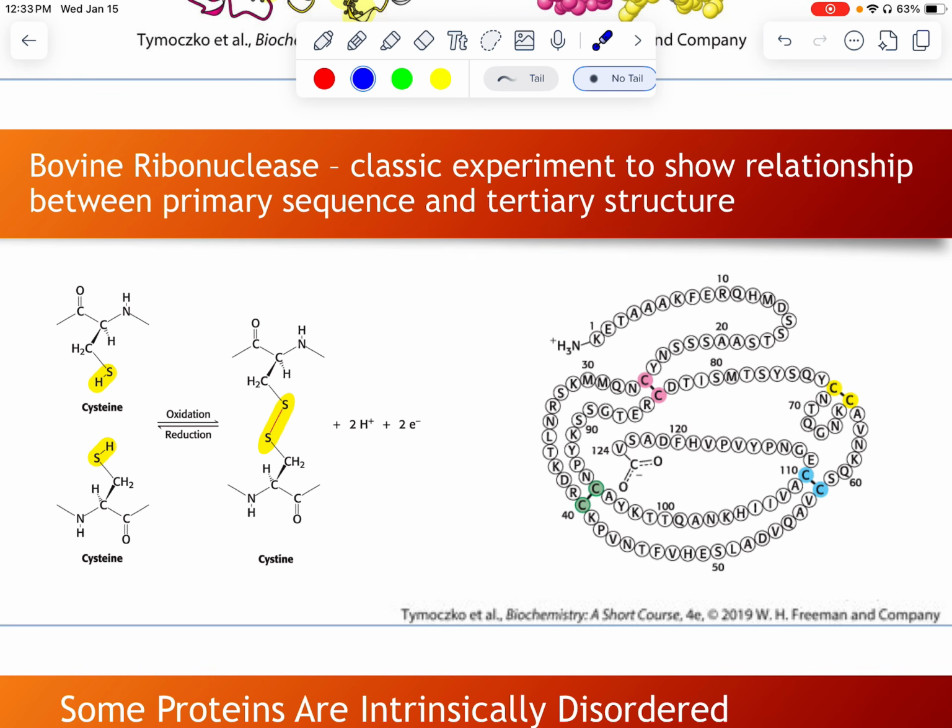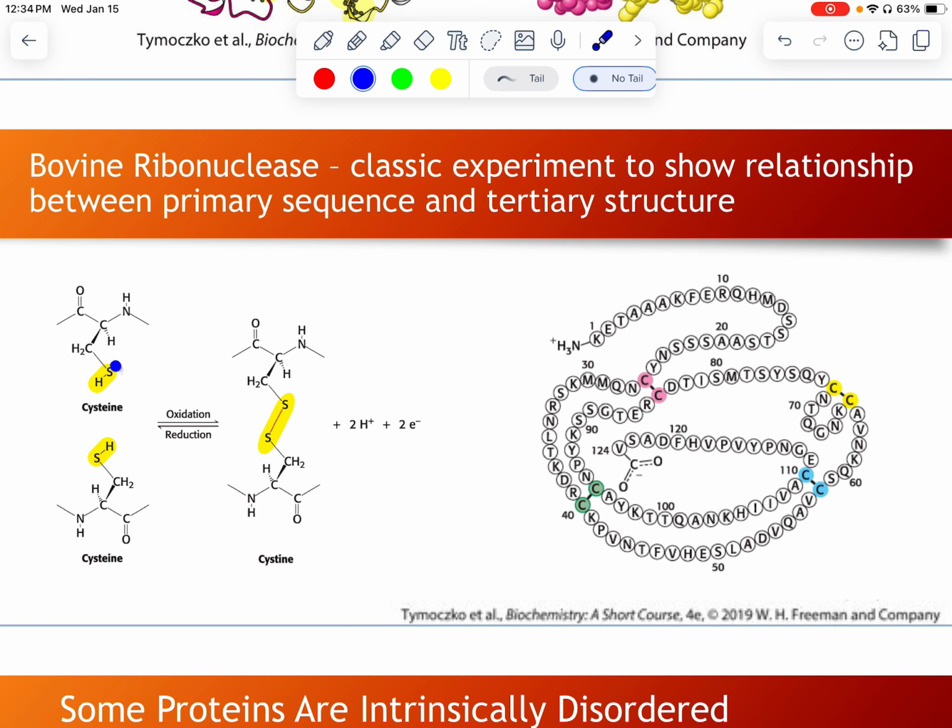This protein has all these amino acids and it's folded in on itself. Notice that we have cysteines periodically. Cysteine is interesting because we make our strand, and then post-translationally, after that strand is made, these cysteines, when they come into contact, can interact and make a disulfide bond, and you see that over here.